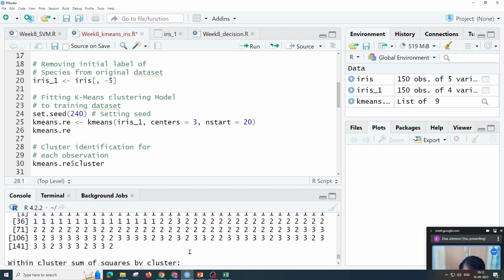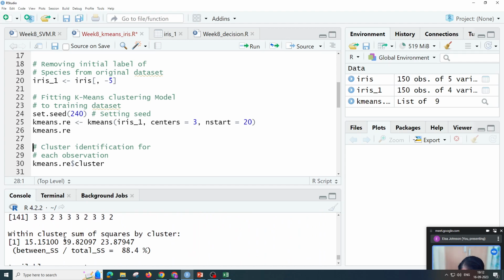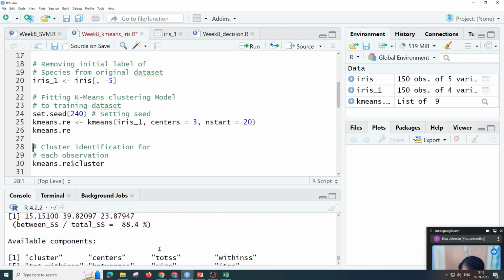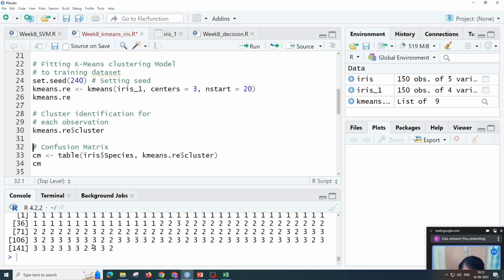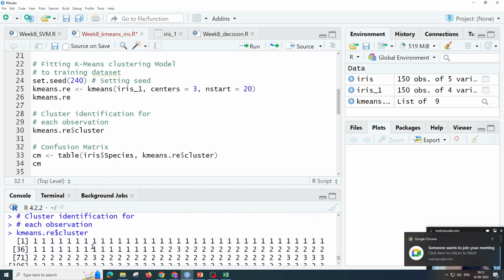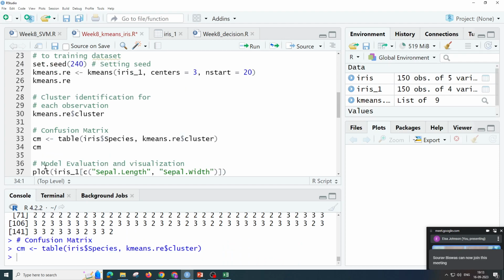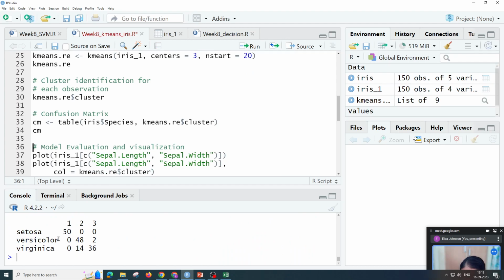Then the clustering vector and within cluster sum of squares are all given. Now kmeans_result$cluster will give you how it has been clustered. That is done. Then again I make the confusion matrix as a table, and when I plot it, we get it like this. 50 Setosa, versicolor and virginica is given.